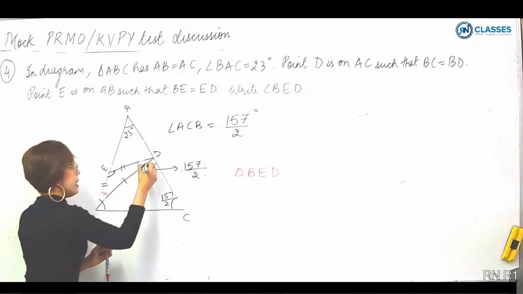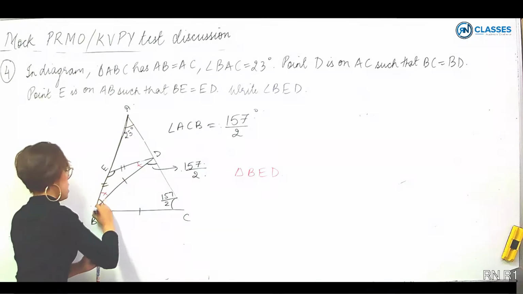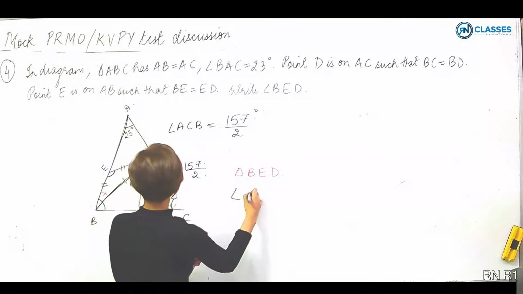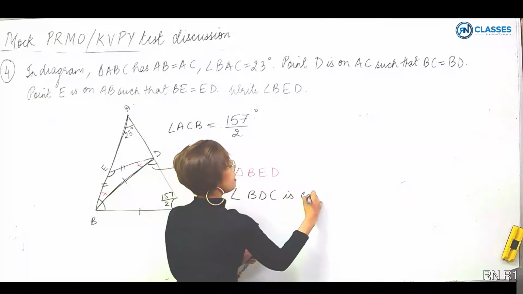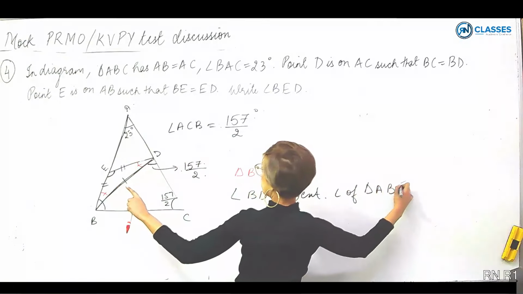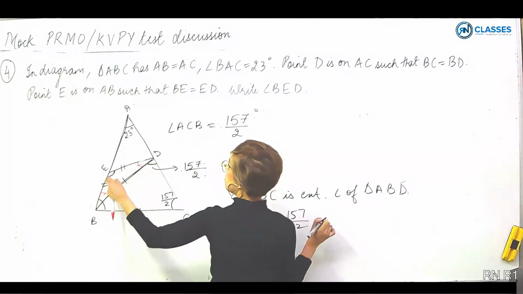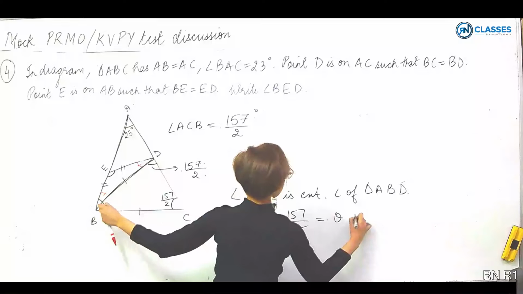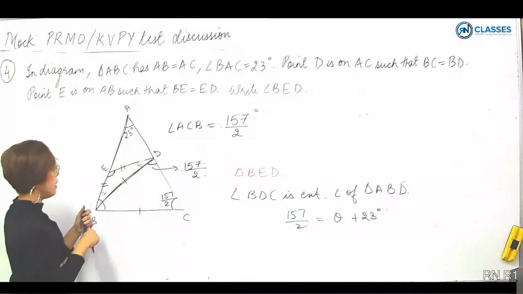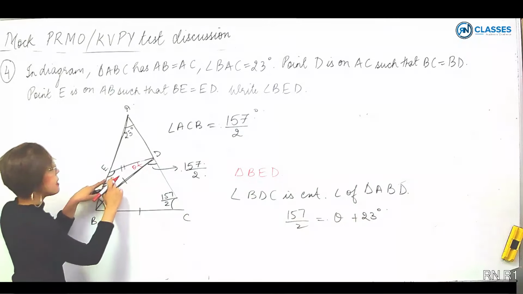Mind it that this angle is an exterior angle of triangle ABD. So angle BDC is the exterior angle of triangle ABD. So 157 by 2 is equal to this plus this. Let this be theta plus 23. So whatever the value of theta, this angle is also theta.